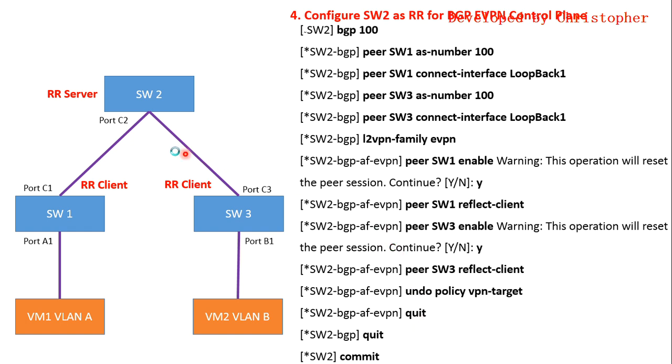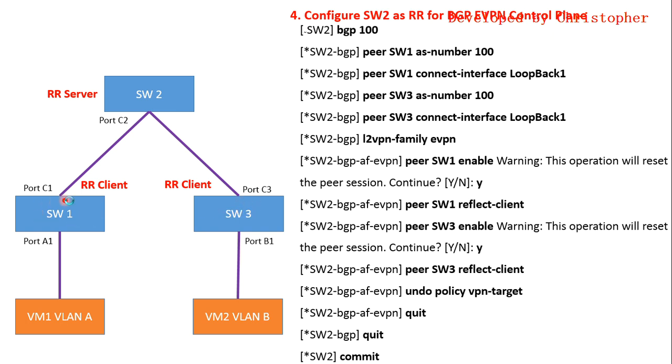The first thing is we will configure switch 2 as the route reflector server, and then switch 1 and switch 3 will be the route reflector clients. Any update delivered will be mirrored to the other switch.